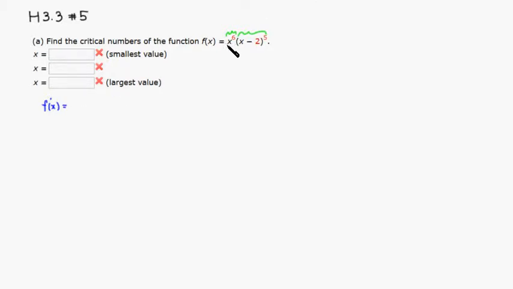The derivative of the first guy is 6x to the 5th times the second, so you have x minus 2 to the 5th power, plus x to the 6th power multiplied by the derivative of the second guy. So 5 in front, x minus 2 raised to the 4th power, and multiply by the derivative inside, which is 1 anyway. Then let's factor out.